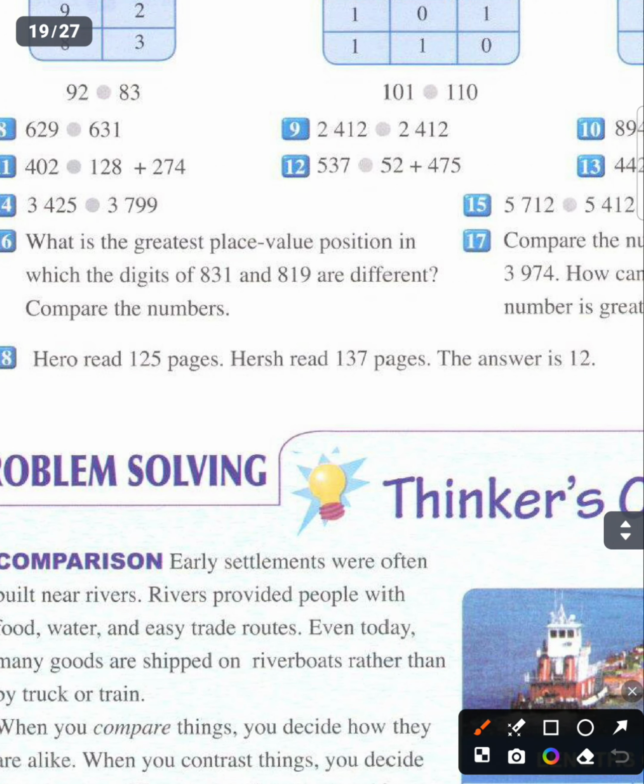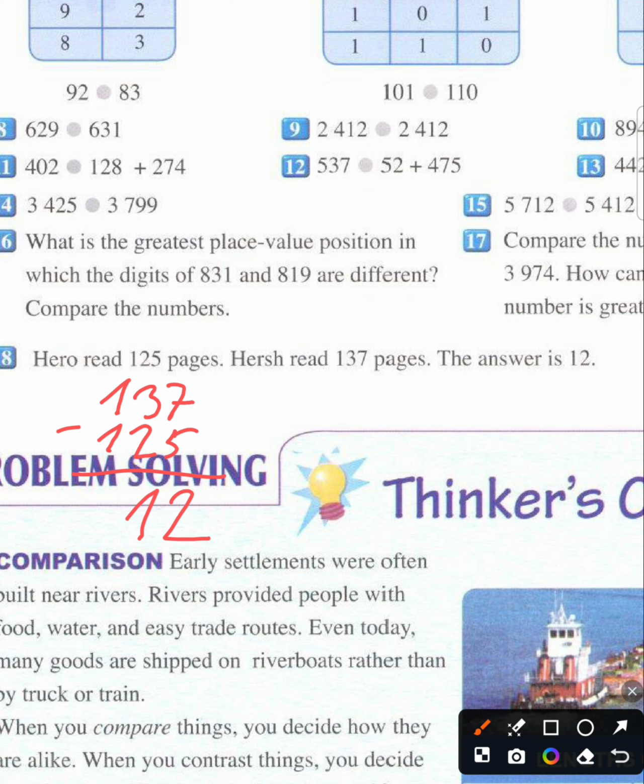A little bit confused what it means. Hero read 125 pages. Hersh read 137. Okay, what do they mean? 137 minus 125. 7 minus 5 is 2. 3 minus 2 is 1. And the answer is 12.